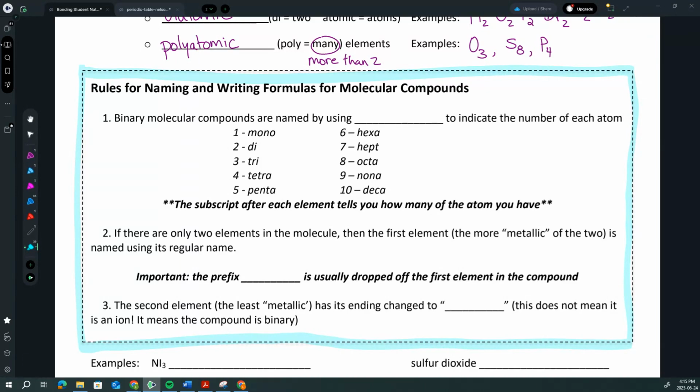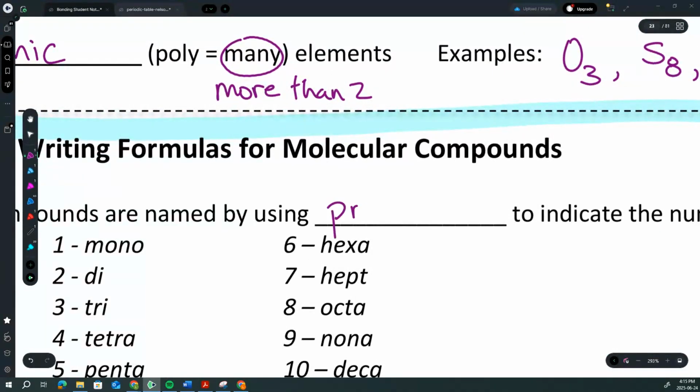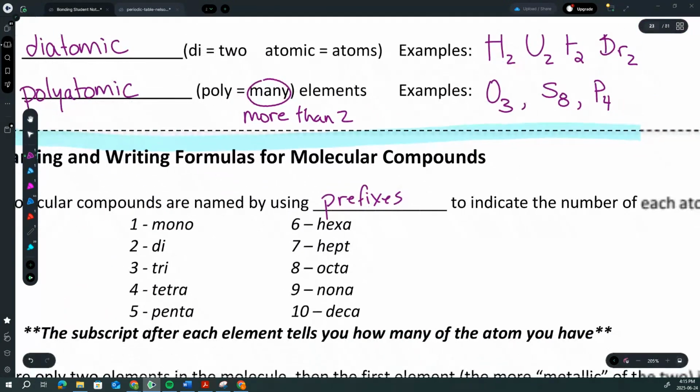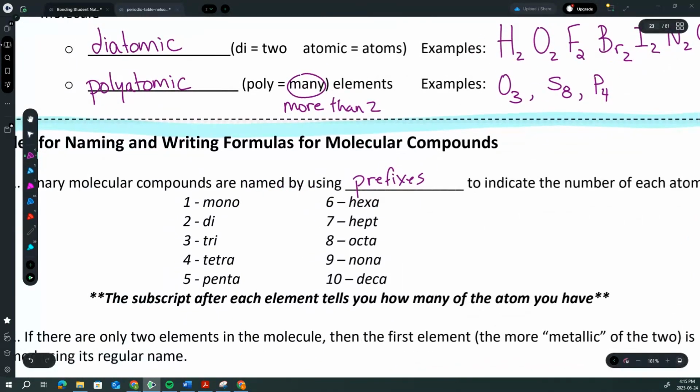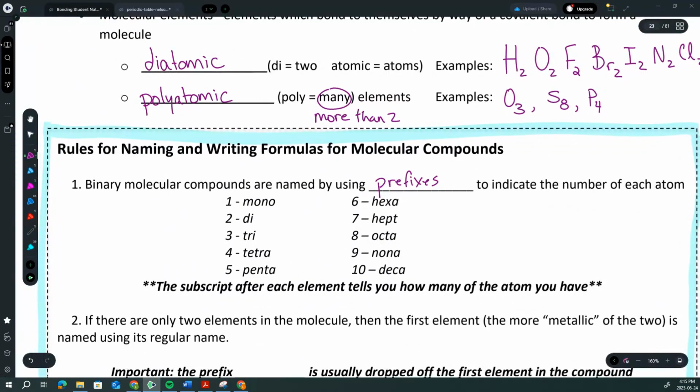They're named using prefixes to indicate the number of each atom, since we can't rely on the charges like we could in ionic compounds to tell us how many of each element we needed.